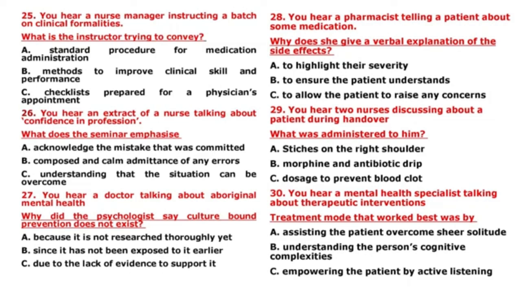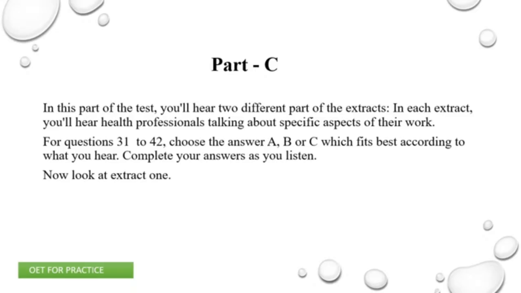That is the end of Part B. Now look at Part C. Part C. In this part of the test, you'll hear two different extracts. In each extract, you'll hear health professionals talking about aspects of their work.